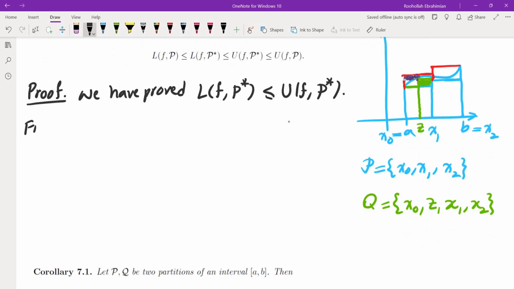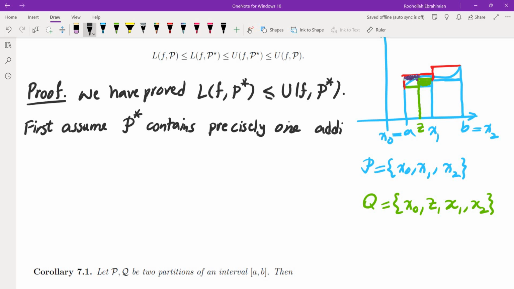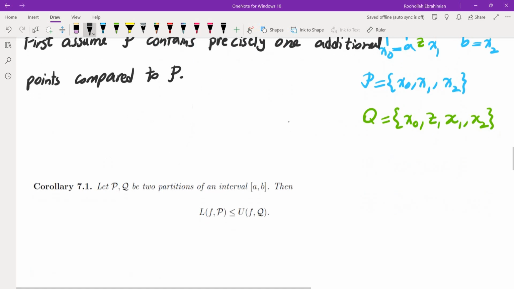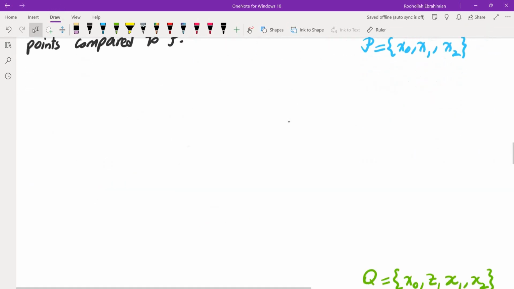So first, assume P star contains precisely one additional point compared to P. So you have P and you're adding one additional point to that.